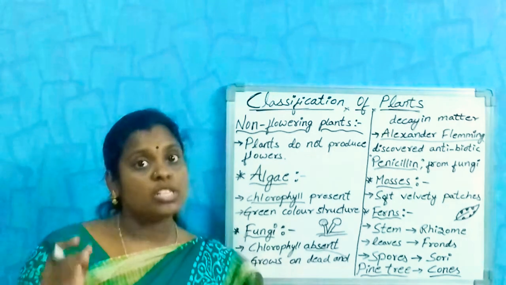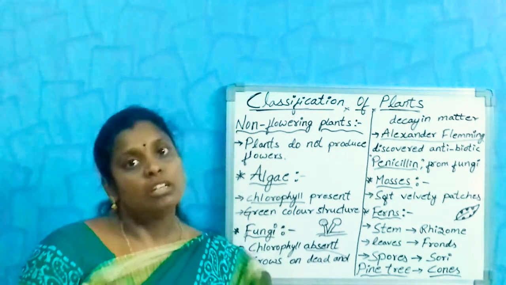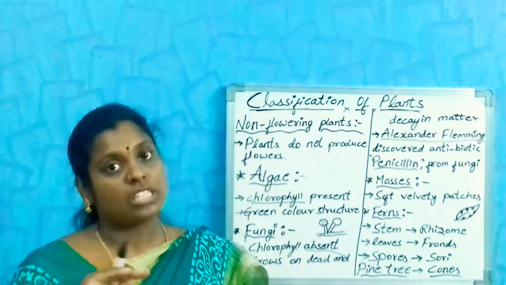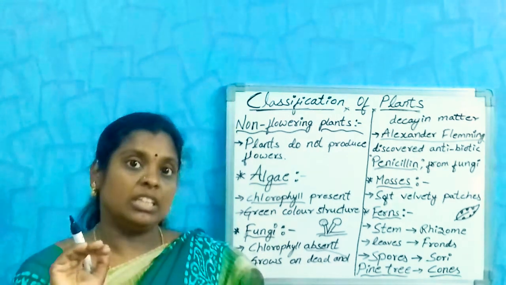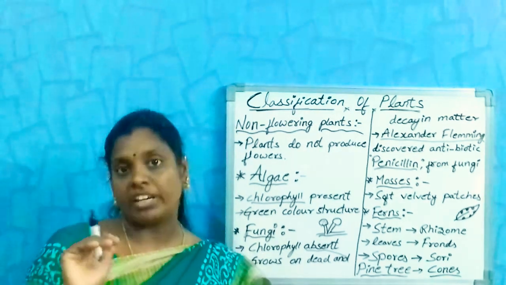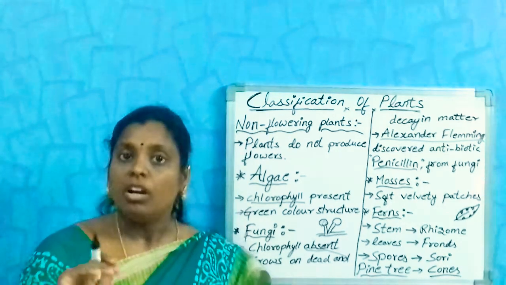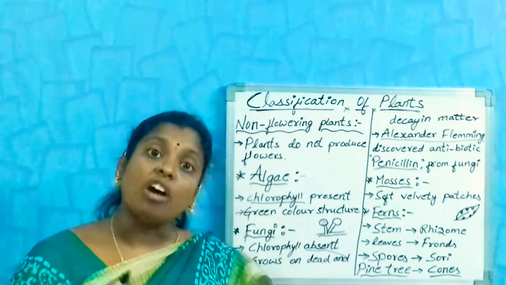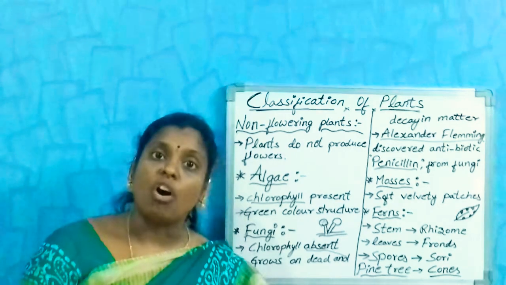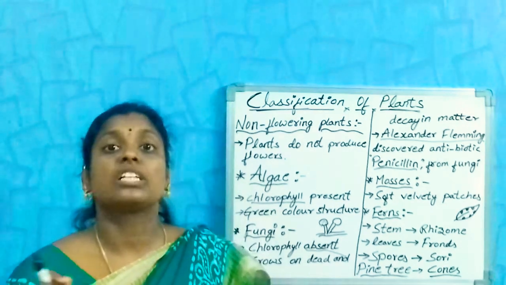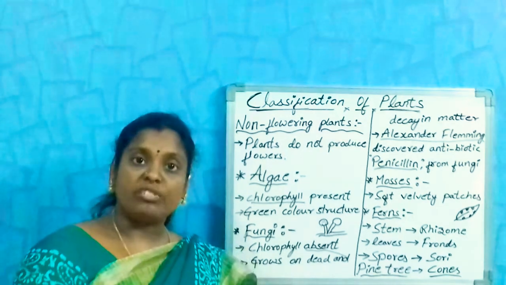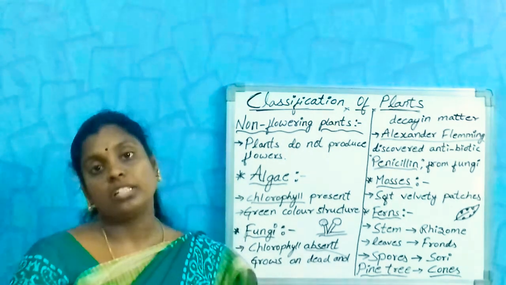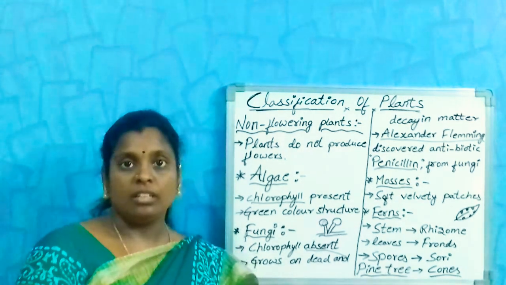It is a small, soft, greenish patch-like structure. You can feel the softness when you touch it. It will appear like a velvet cloth. So these will grow on moist walls, by absorbing the sunlight and preparing its food materials. It also contains chlorophyll.